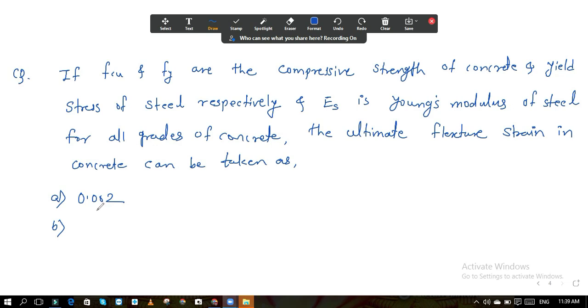B, it is FCU divided by 1000. C, 0.0035. And D, it is 0.87 Fy upon ES plus 0.002.